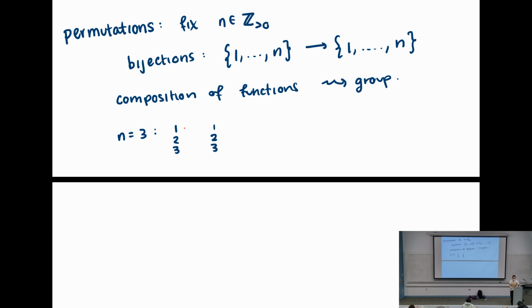And the identity in the group is going to be the one that just sends each element to itself. So if I compose any other function with this one, or this one with any other function, then I get that function back. So this is the identity. And then there are 5 other ones.